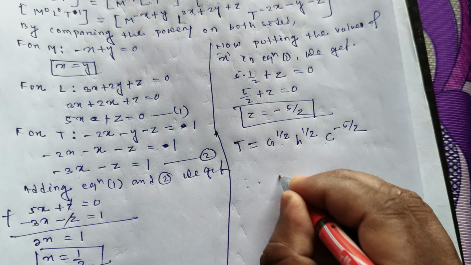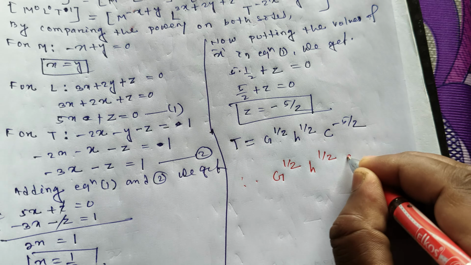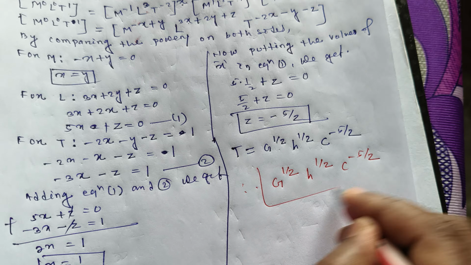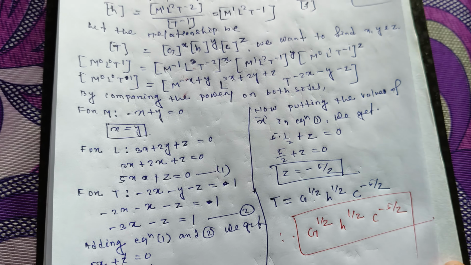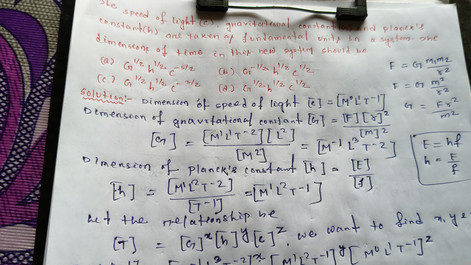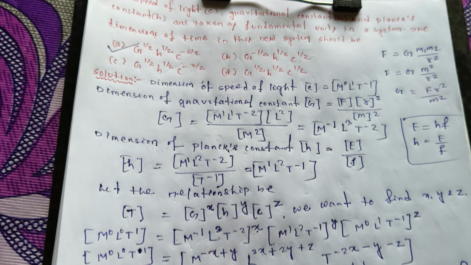Your final answer is G to the power 1 by 2, S to the power 1 by 2, C to the power minus 5 by 2. So which one is the correct answer? That is option A.